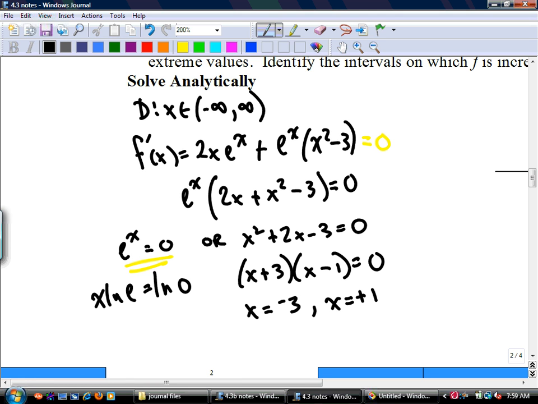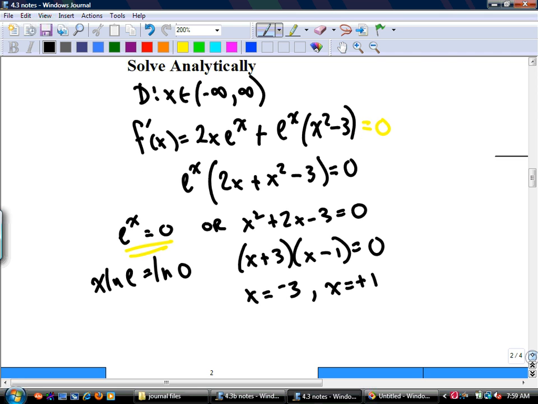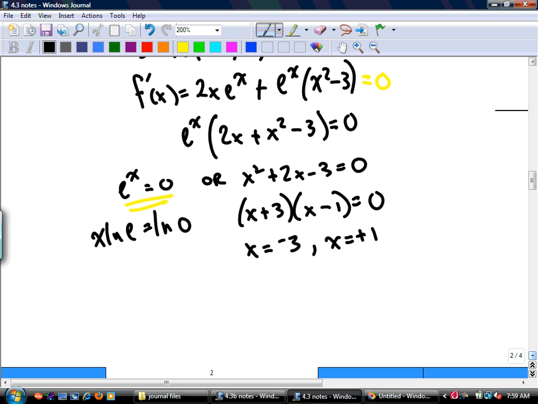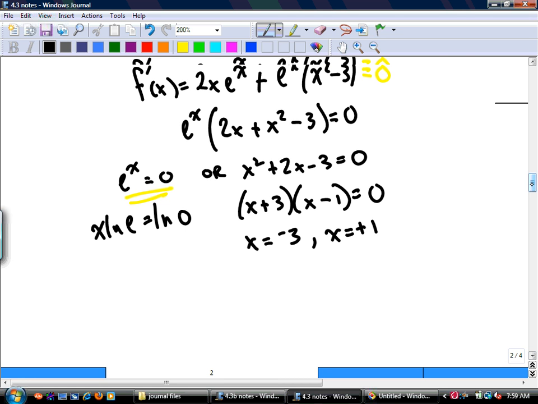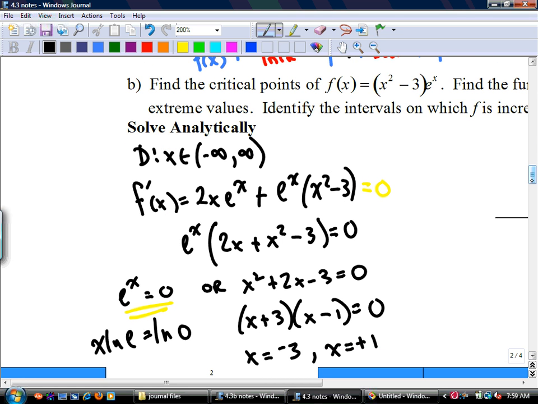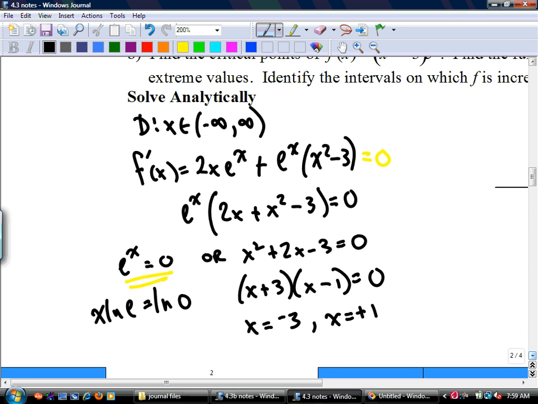So we have two critical points, -3 and +1. So technically we should go get some y values. That would be exciting. You want to be excited? Y values would be -3 squared, 9. 9 minus 3, 6. It'd be 6 e to the -3 would be that y value.